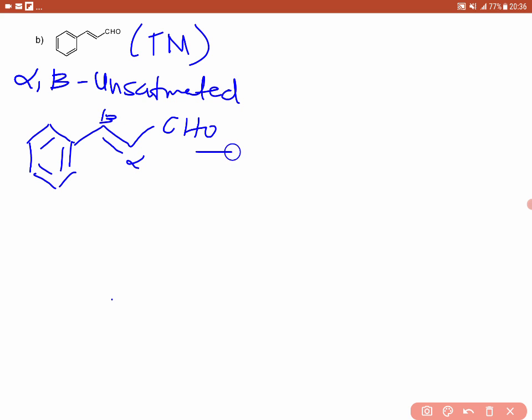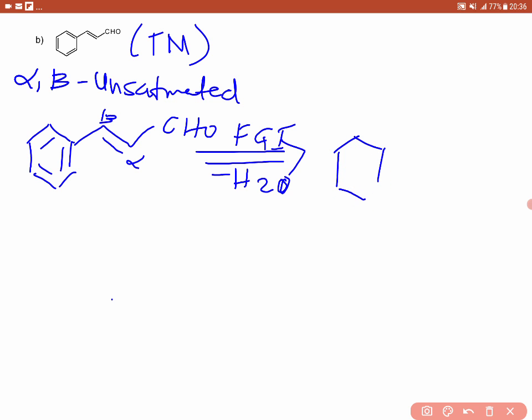In our retrosynthetic analysis, first we do a functional group interconversion, which is one of dehydration.